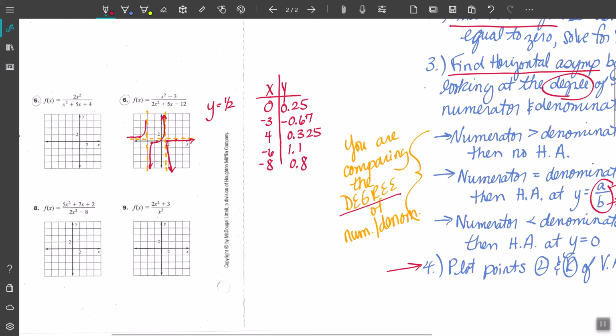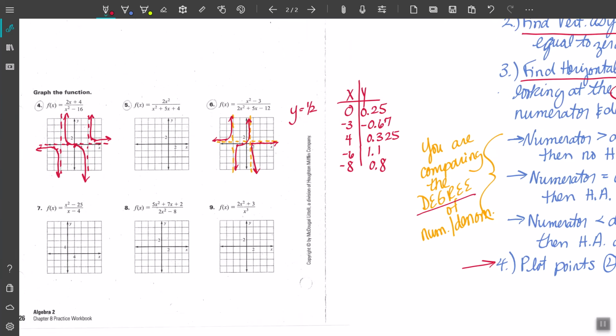So these are going to be following those 2 points as well as that asymptote there. So not too bad if you stick with the rules, but they definitely look a little crazy, these rational functions, when you graph them. So just stick with the rules and pay close attention when you're plugging in your values and graphing them out.